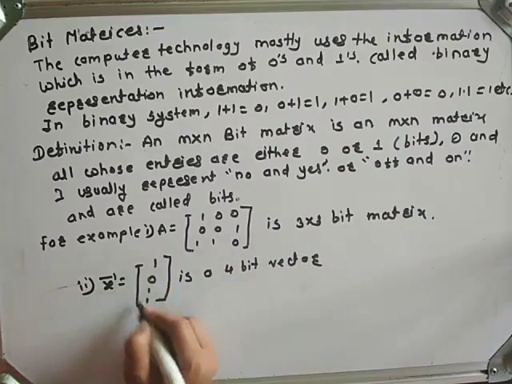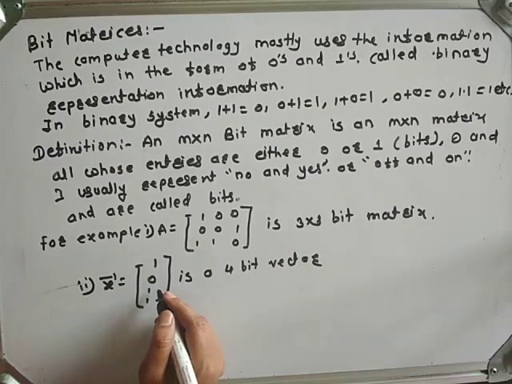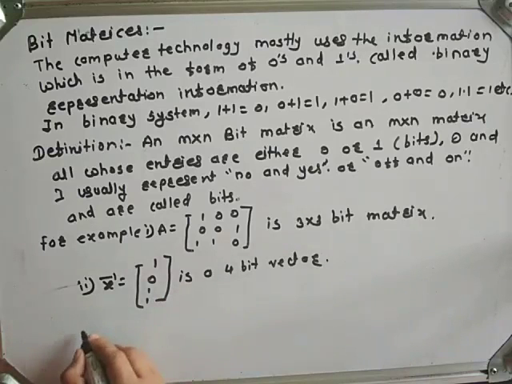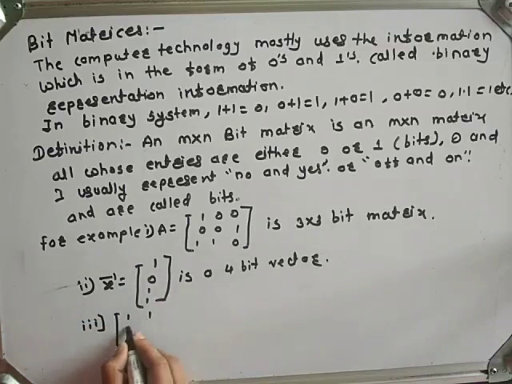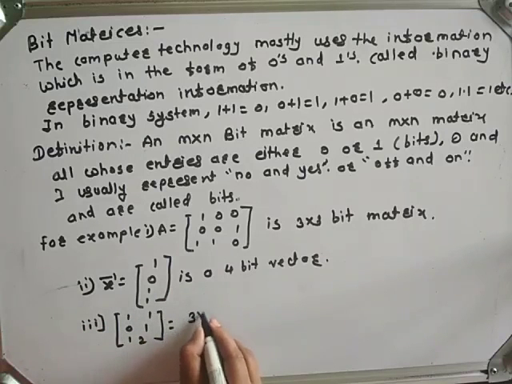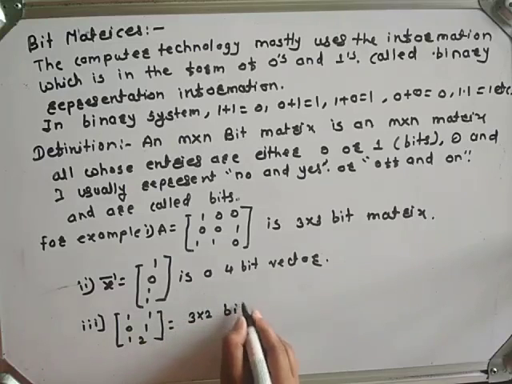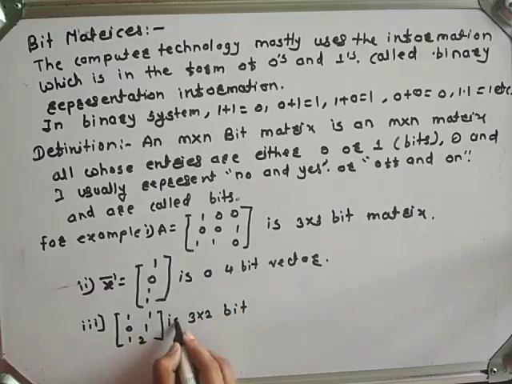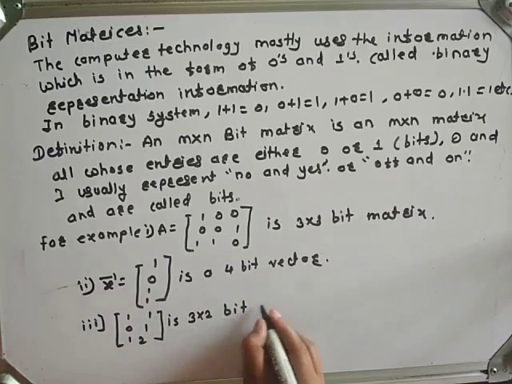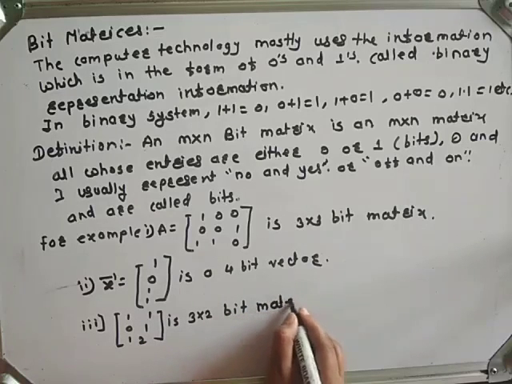Because all entries in this vector are either 1 or 0. Third is 1 1 0 1 1 2. It is a 3 by 2 bit matrix.